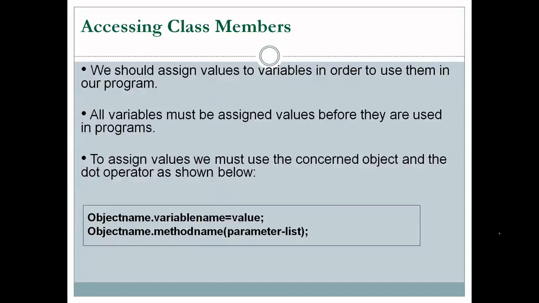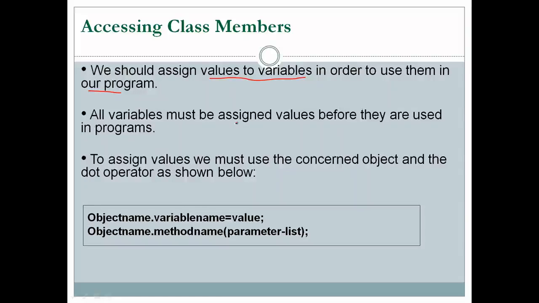Next is accessing class members. So only creating an object is of no use. We even want to access the class members. Class members means the variables which are declared in the class or the methods which have been declared in the class. Now we should assign values to variables in order to use them in our program.